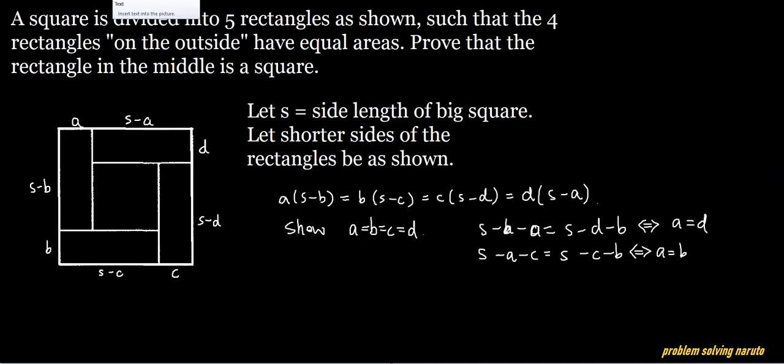A standard technique to show something is to assume the contrary, proof by contradiction. So let's assume that's not true. If that's not true, that means at least 2 variables are unequal. But that wouldn't give you much handle to work with.